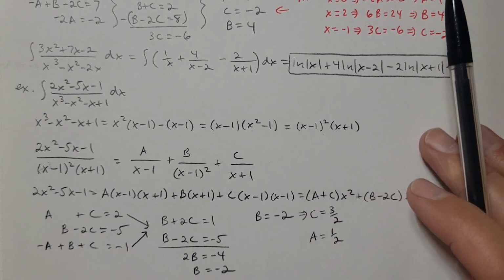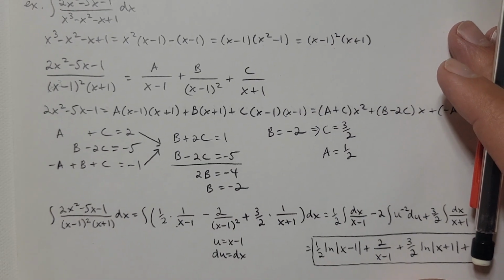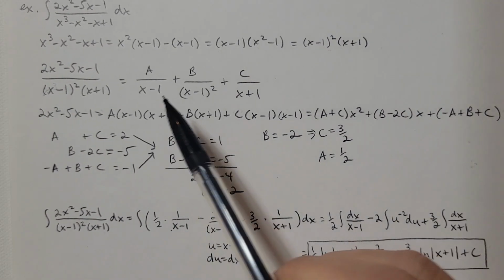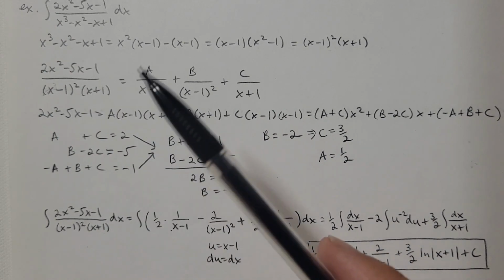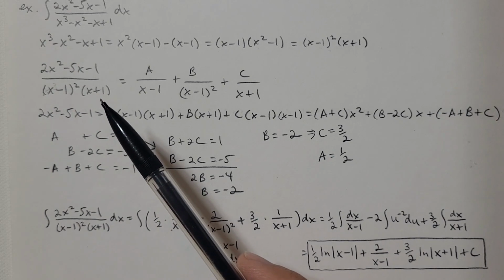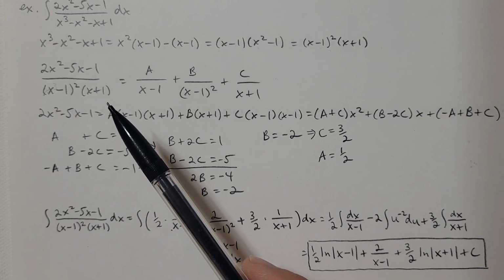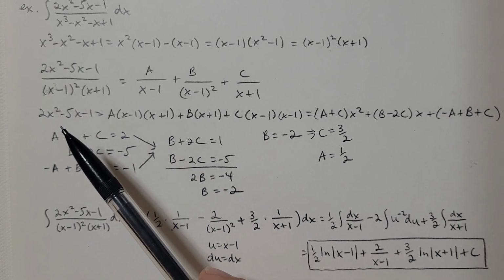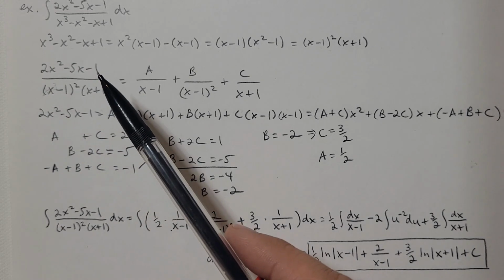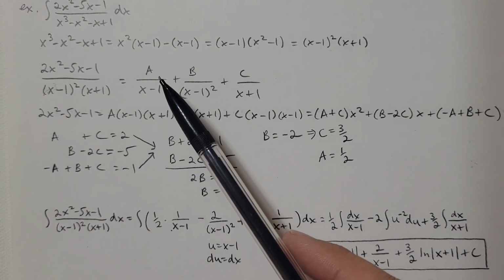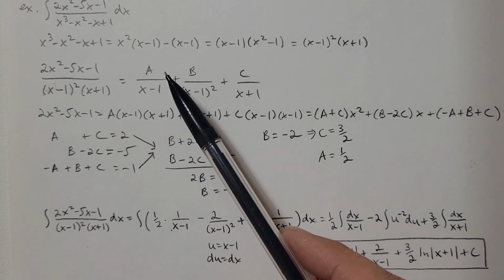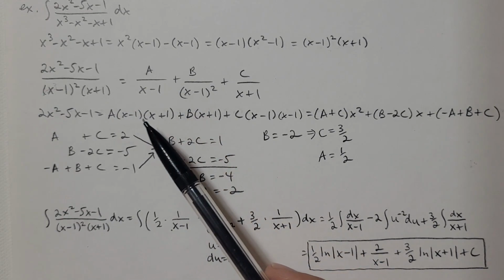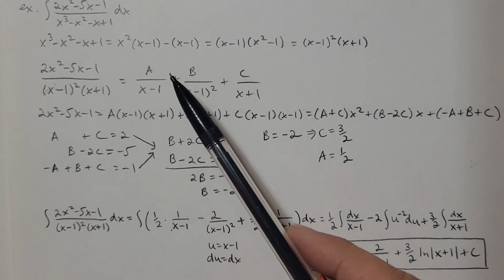So then the next thing is, with this equation, let's go ahead and clear out the denominator. We'll multiply both sides of this by x minus 1 squared times x plus 1. That's going to leave me with 2x squared minus 5x minus 1 on the left. And then A times x minus 1, that'll cancel, and that's going to be with one more x minus 1 times x plus 1.